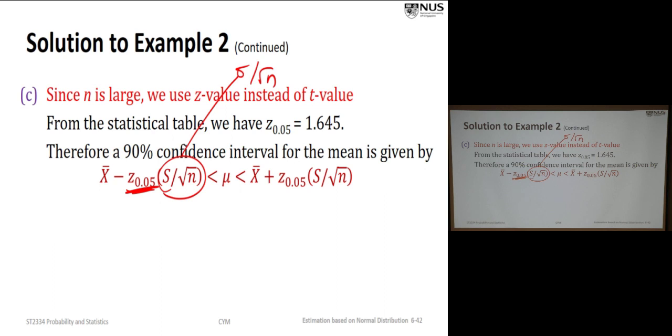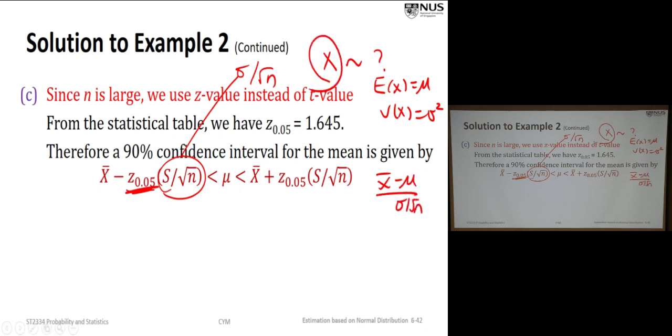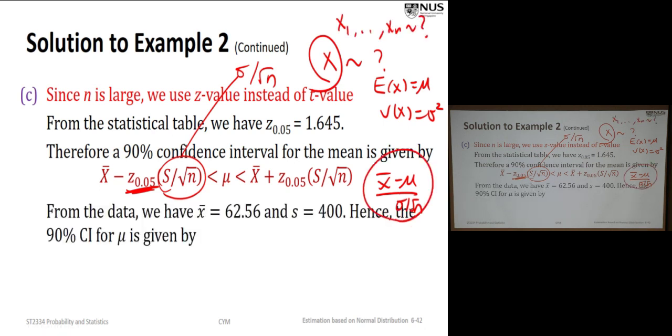So I don't need to know how the amount of money that they spend behaves. In other words, I don't need to know the distribution. What is this distribution? I don't know. I only assume that this is mu and this is sigma square. Although I don't know the distribution of x1 up to xn, this one I know is approximately normal.